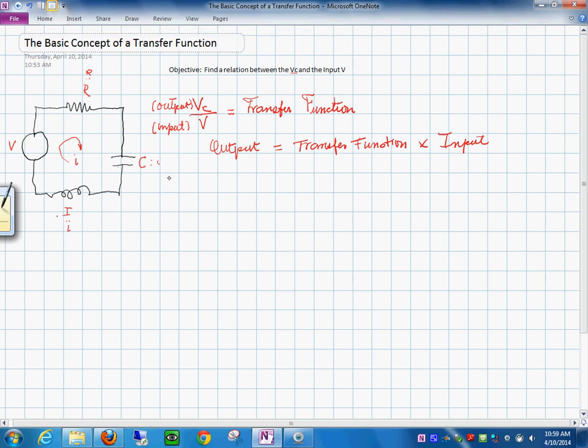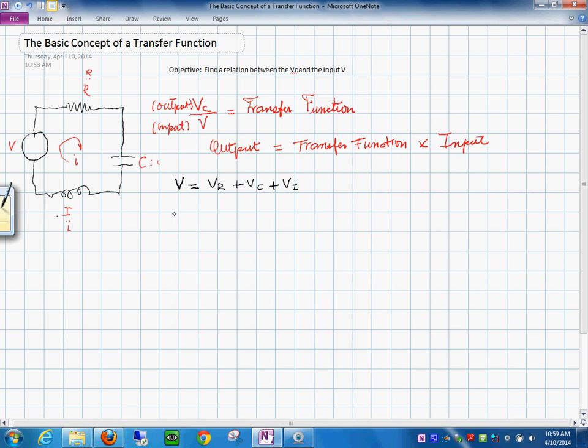In order to do this, the very first step that we need is to find the equations of the system. So what we have to say is that the voltage is equal to the voltage of the R element plus voltage of the C element plus voltage of the L element, right?